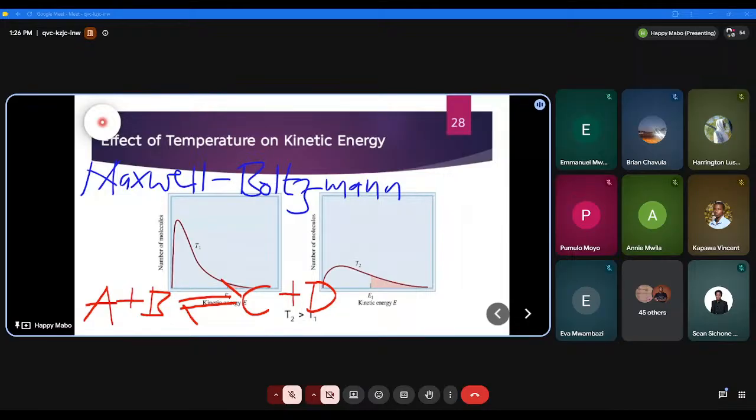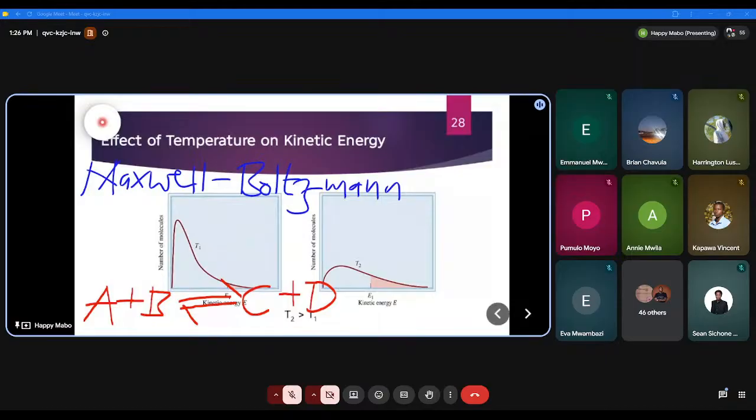Okay, so when you increase the temperature of the particles that are reacting together, they are going to gain heat, and this heat energy is going to give them the energy of motion referred to as kinetic energy.